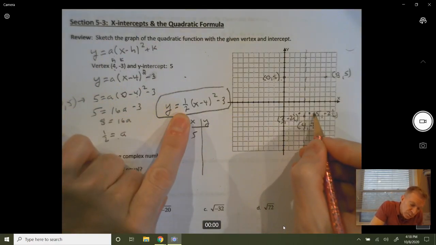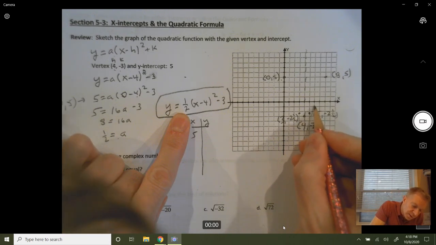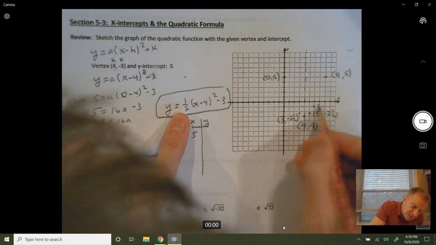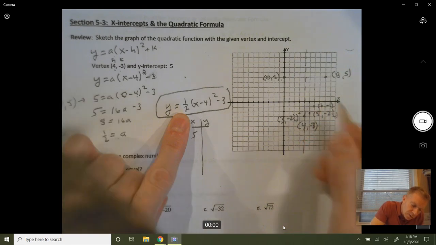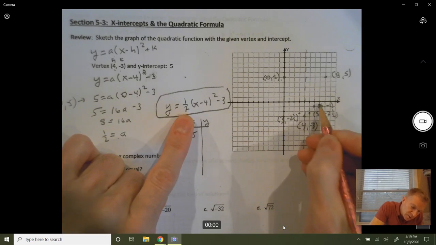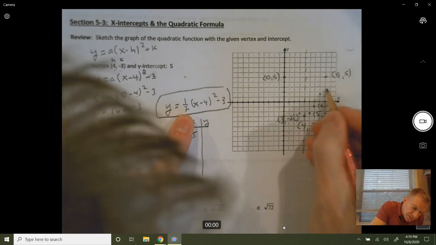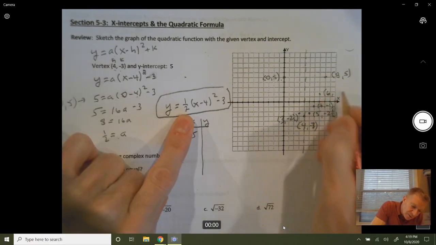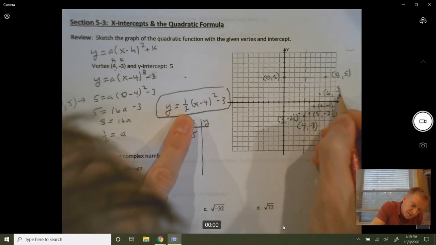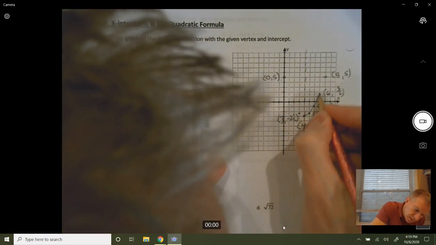From there, I'm going to go over 1 up 3a, so that's going to be 3 1/2, so 1, 2, 3. That gets me to (6, -1). And then let's go over 1 up 5a, so 5/2, 1, 2, 3, 4, 5. That gets me to (6, 1.5), or (6, 3/2). Okay, and this looks like we're drawing a really nice parabola.